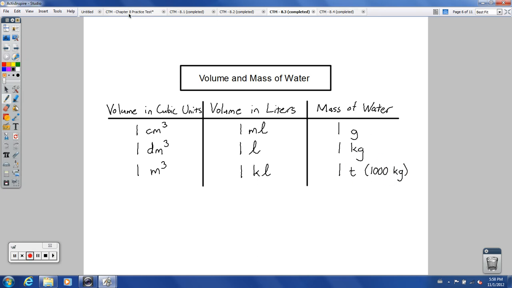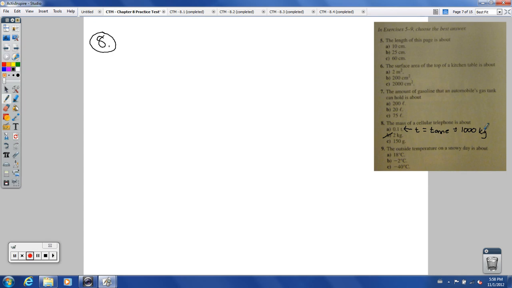So if you have 0.1T, that all that means is that you would be moving the decimal one spot right there. So it would still be 100 kilograms, which is pretty insane. If a phone weighed 100 kilograms, you would not have a phone. You would have to cart it behind you on a very large cart or truck or something like that. It would be almost too heavy to pull in a cart. That would be like 220 pounds. So this one seems to make the most sense.